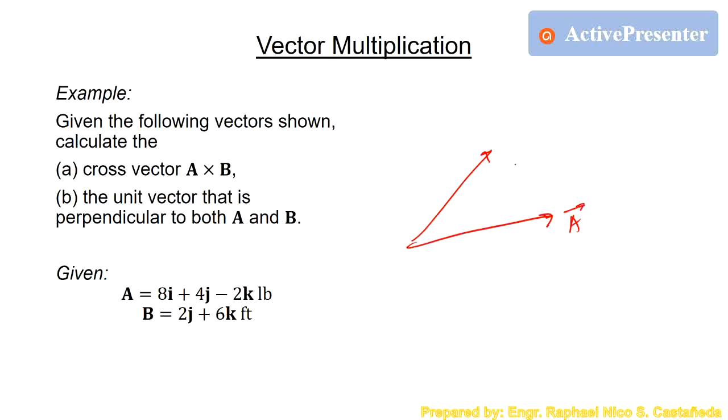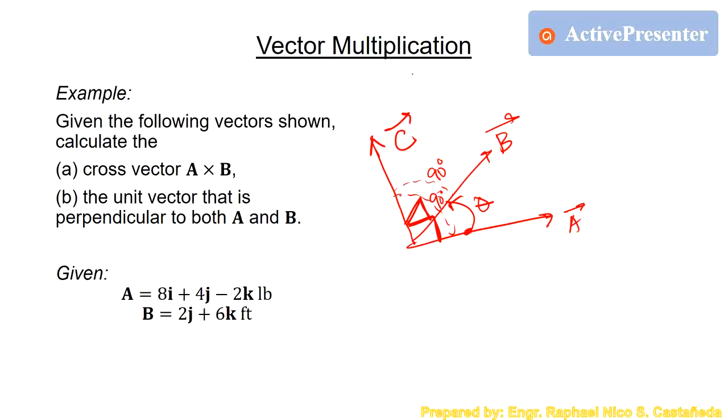If we have vector A cross vector B, with angle theta between them, we know, based on the presentation I presented a while ago, that vector C is perpendicular to both B and A. Meaning, the angle right here is 90 degrees and also this one, 90 degrees.